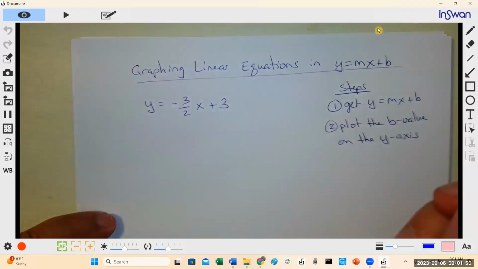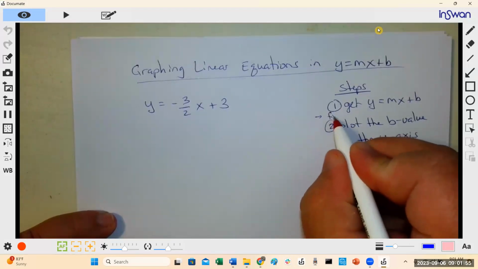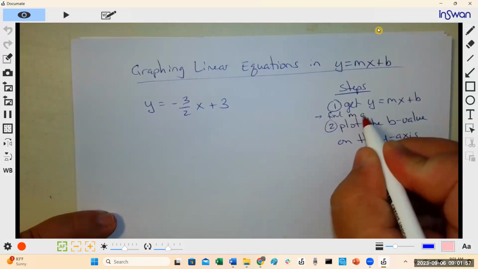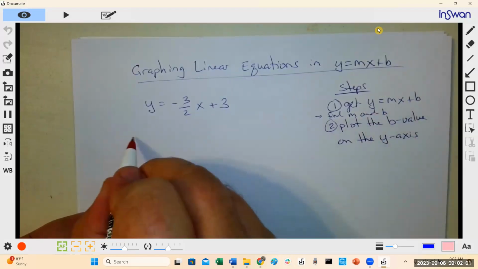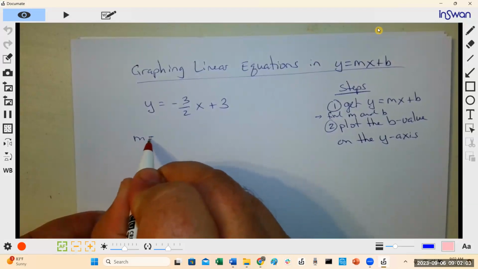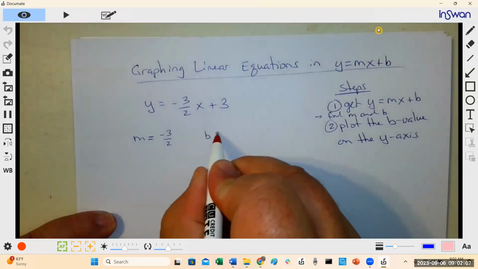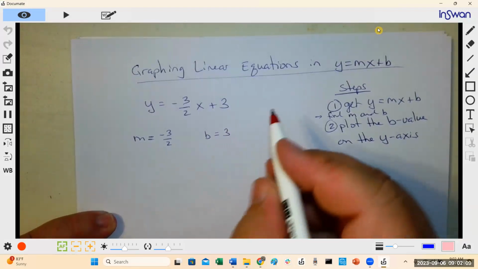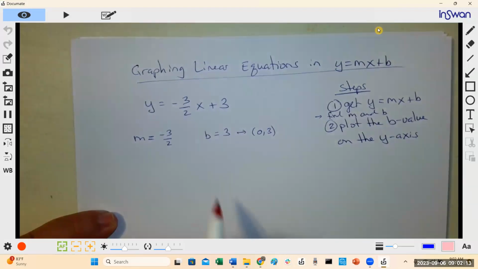So here, what we could say is find m and b. So m equals negative 3 over 2, b equals 3, or 0, 3.